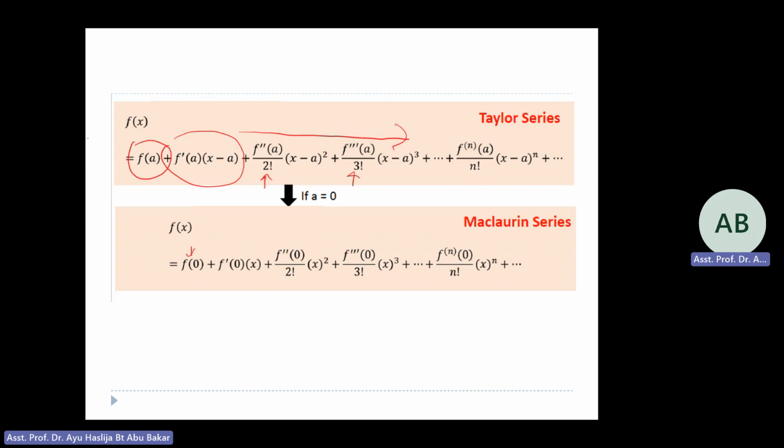Okay, this is the approximate error. Make sure you know the difference: true error and approximate error. Approximate error uses the approximation value. Okay, true error uses the true value. Okay, there are two different errors.